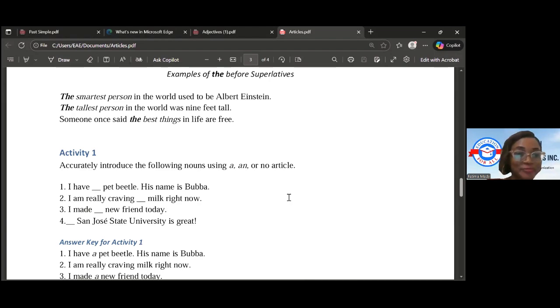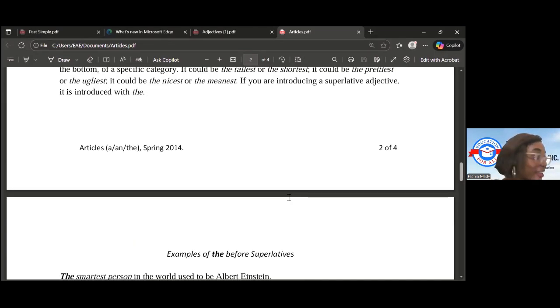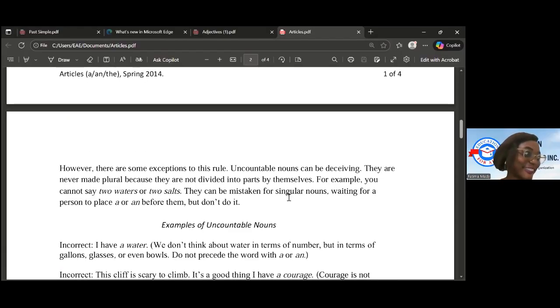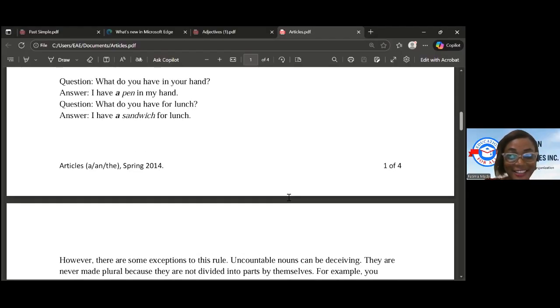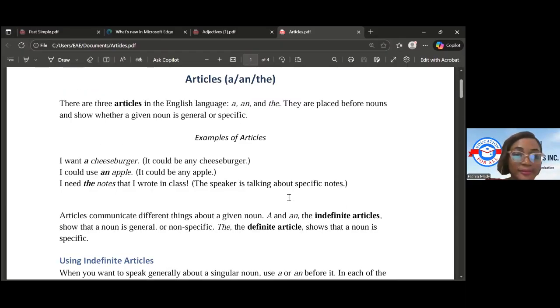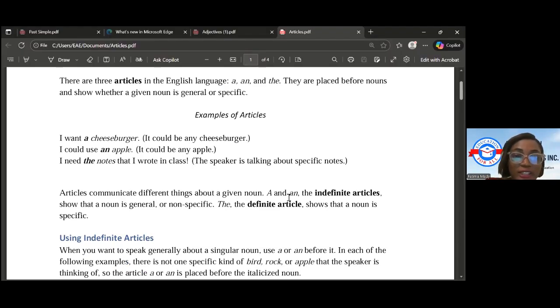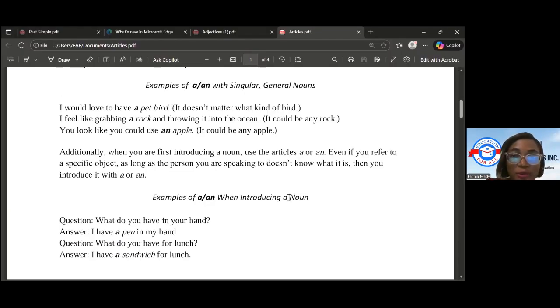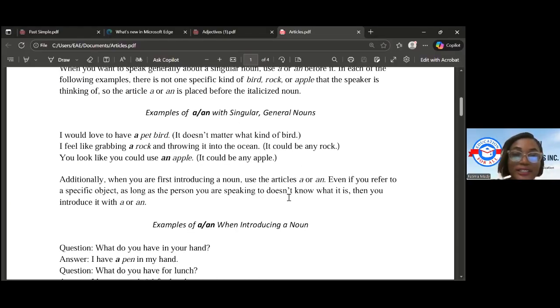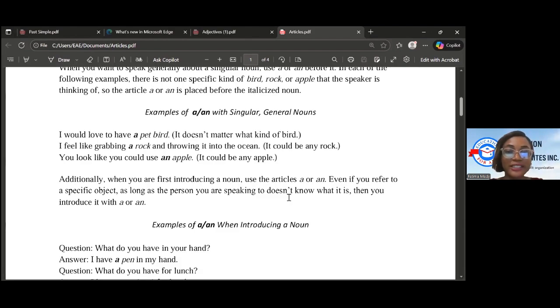Okay, we're going to continue. So where did we end? We were reading examples of "a" and "an" with singular general nouns. I just want somebody to read the examples. Can anybody read?